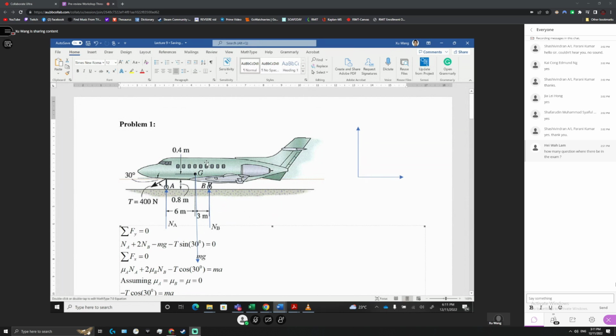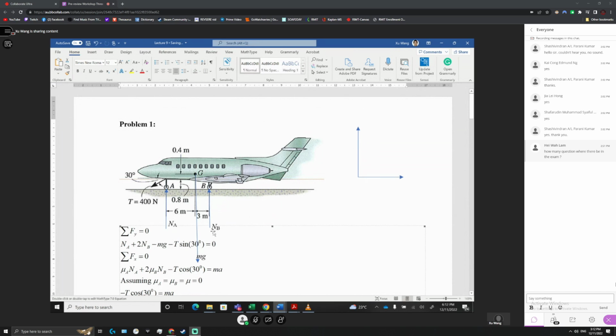Sigma Fy equals 0: you have Na positive, and 2 Nb on the right hand side, and minus G, because G goes down, opposite to the positive direction. Also T sine 30 degrees pulls down, so that's minus T sine 30 degrees. This is sigma Fy equal to 0, the vertical direction.